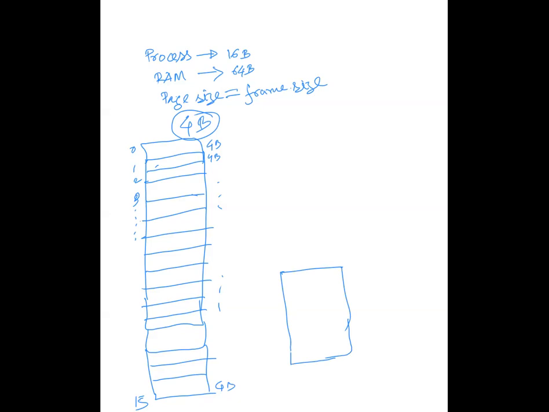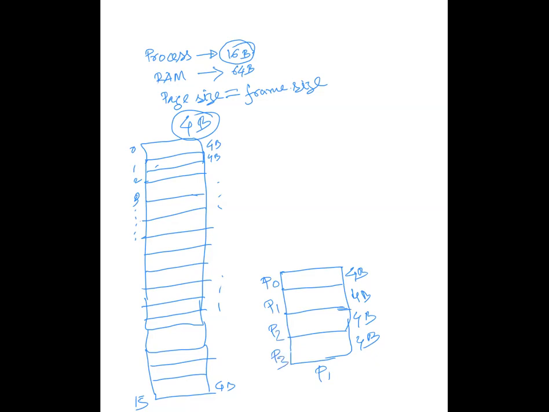So how many pages will this process of 16 bytes have? If each page size is 4 bytes, there will be a total of 4 pages. Let's say this is process P1, and these are pages P0, P1, P2, P3.